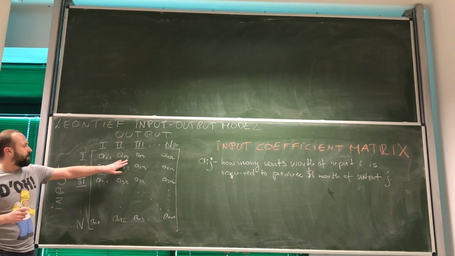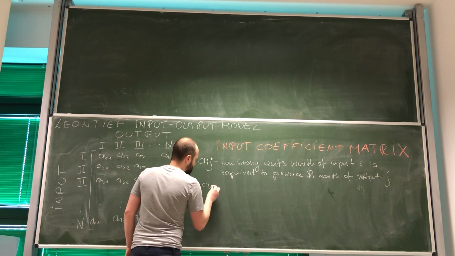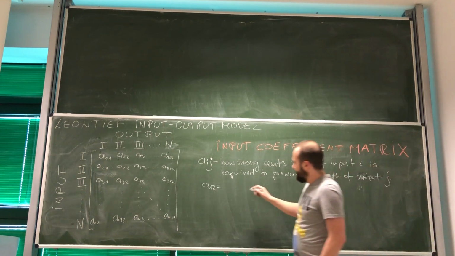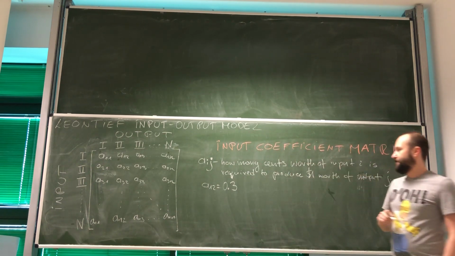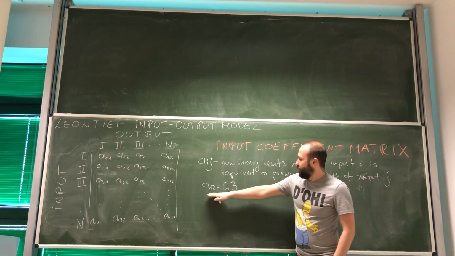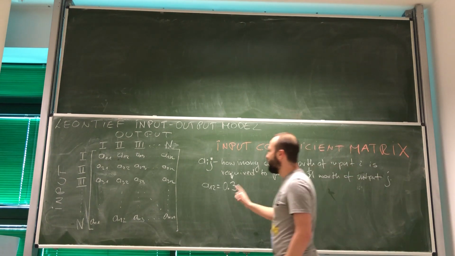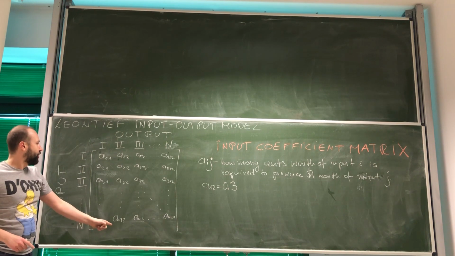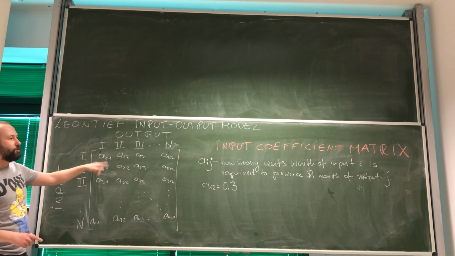Okay, look, let's start with A12. Let's just say that A12 is 0.3. Okay, what does it mean? It means that in order to produce $1 worth of good 2, right, you need to use 30 cents worth of good 1.